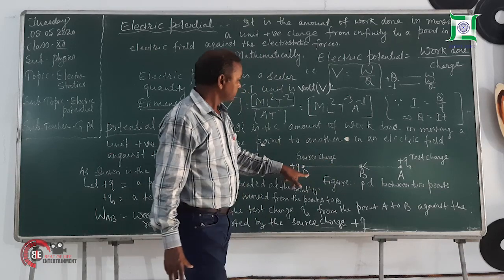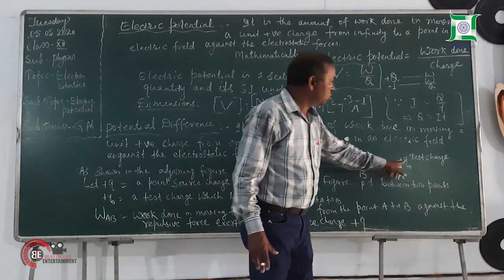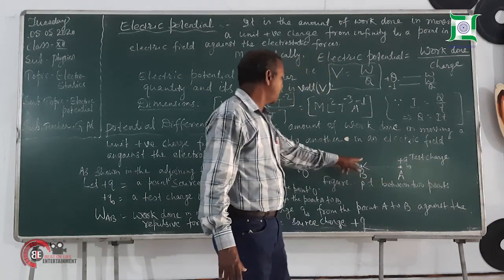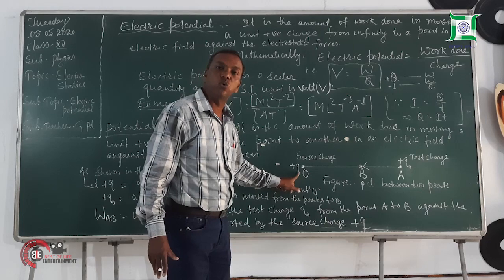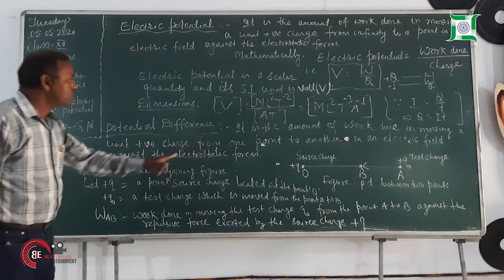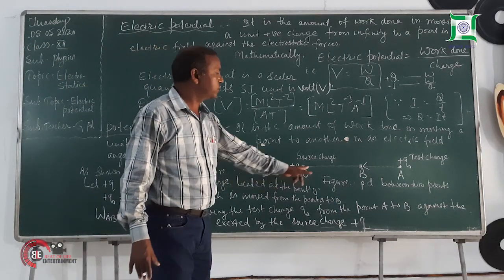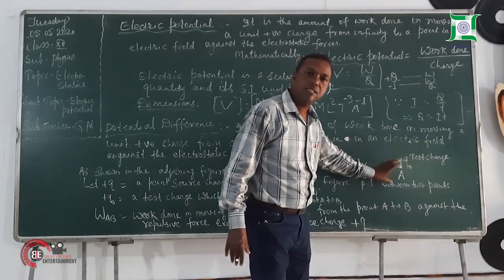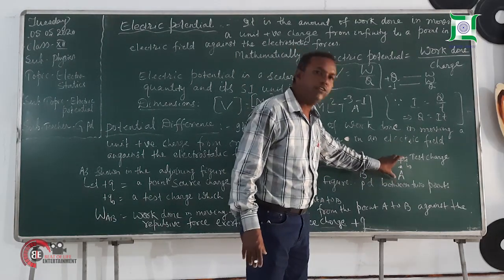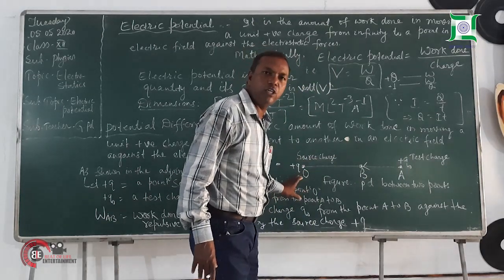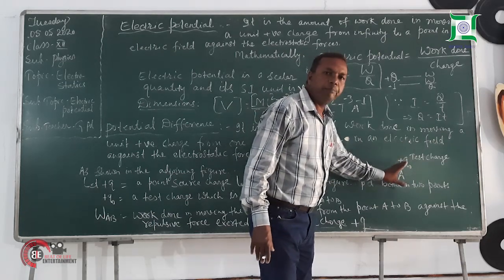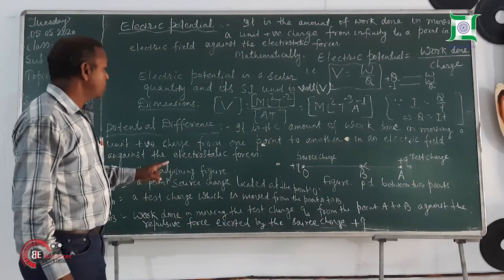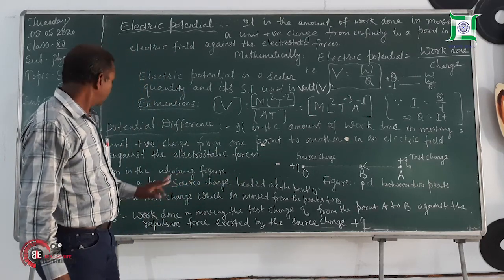As shown in this diagram, Q is the source charge, a point source charge located at the point O, and Q naught is a test charge which has to be moved from the point A to B against the electrostatic force of this source charge Q. This test charge also has some electric field, but it is negligible in comparison with the electric field of the source charge, so we do not have to consider it.